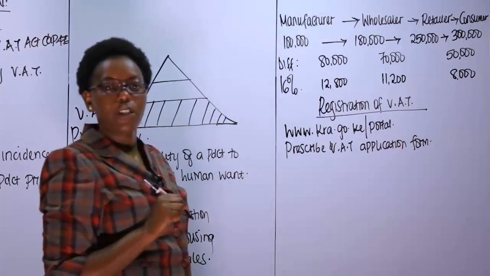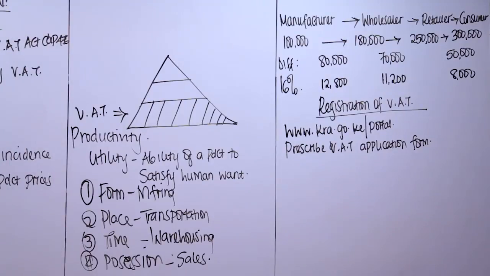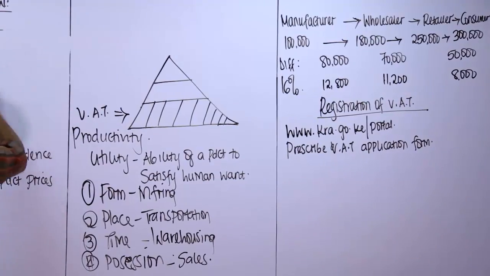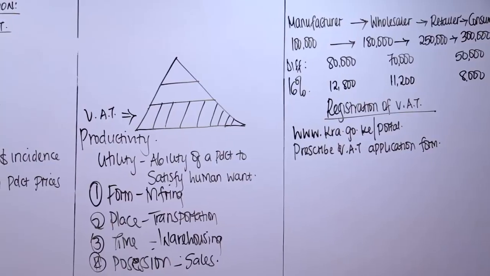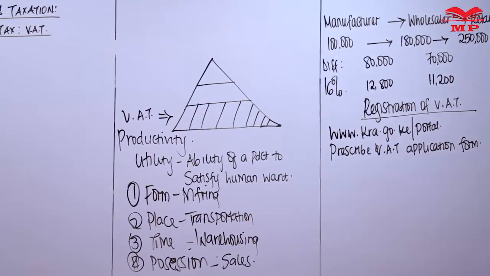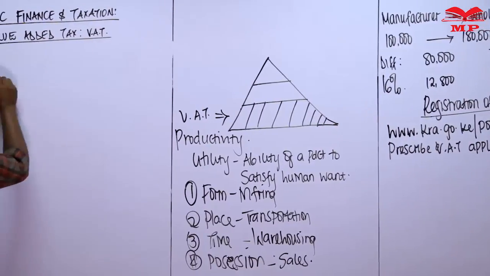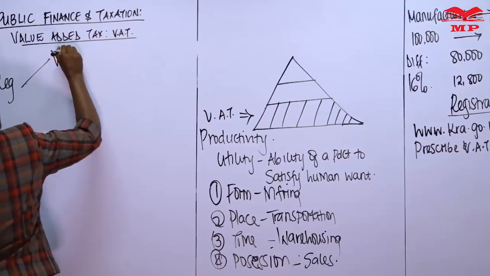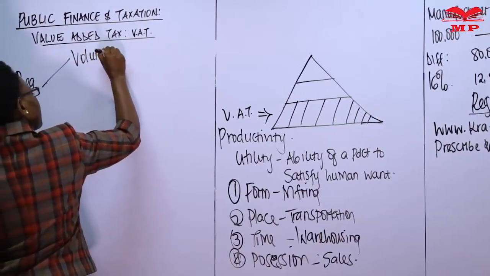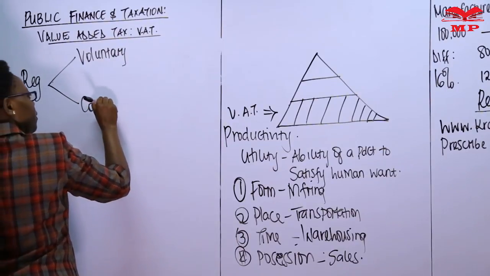Now, there are two types of registration, as you're going to see: voluntary and compulsory.